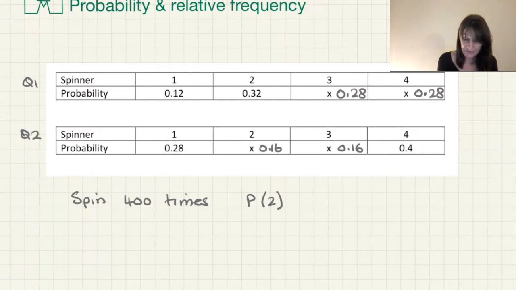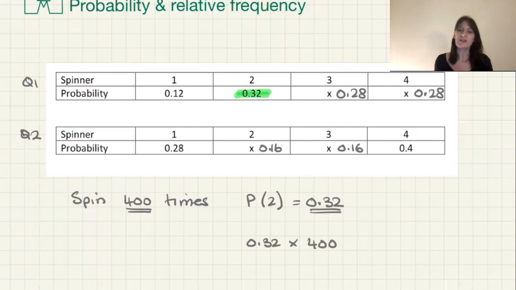And I'm just looking at the first table. So that's 0.32. So the probability is 0.32. And the number of times I spin it is 400. So these are the 2 key numbers that I've got to put together. And I want 0.32 times 400.